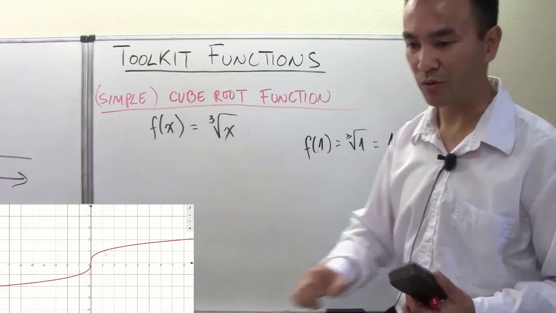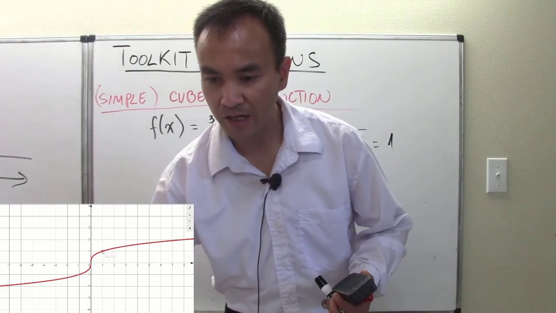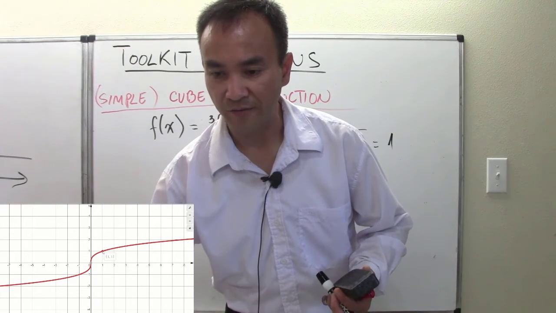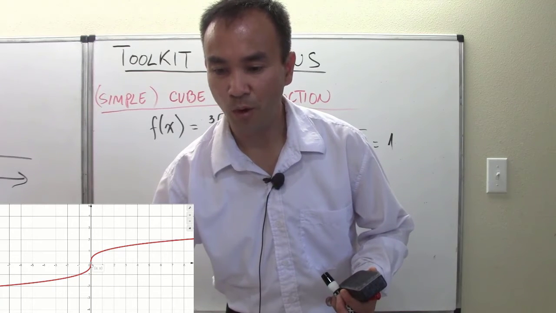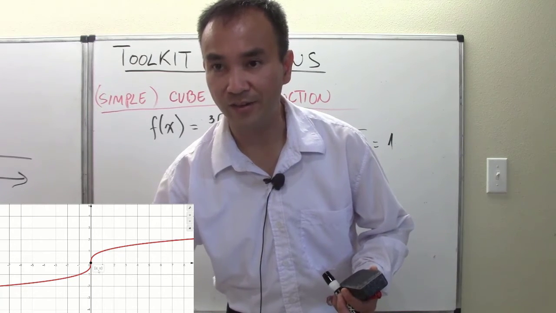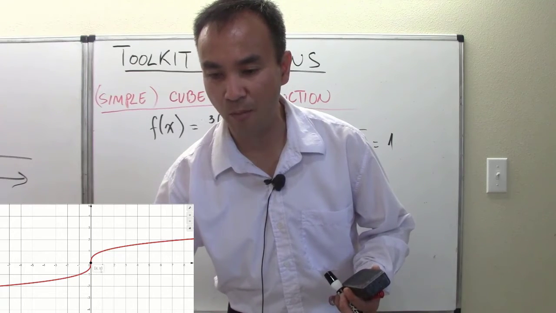And that's why we have this point on the graph: x equals 1, y equals 1. Then there's this point right here being 0, 0. This is input equals 0 and output equals 0.